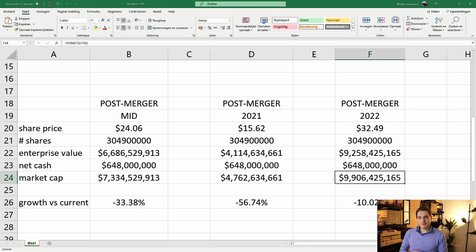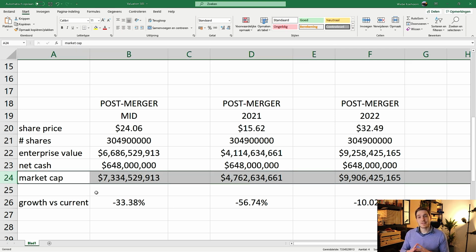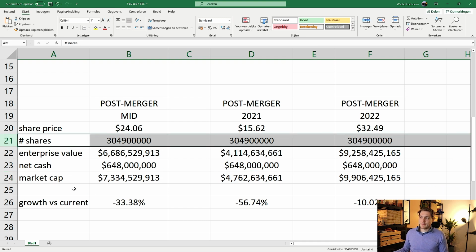And then step number 7, which is actually already the last step of this first method, is to determine the fair price per share. Also, this is relatively easy, luckily for you and luckily for me. So what you do now is you're going to take this equity value, the fair equity value or the fair market cap, and you're going to divide that by the amount of outstanding shares.